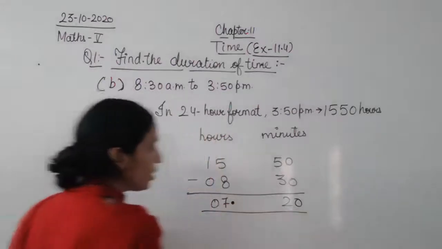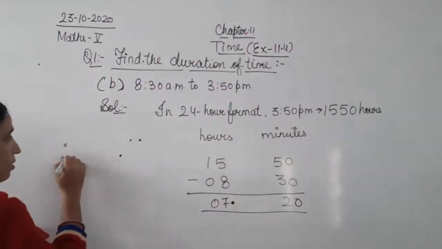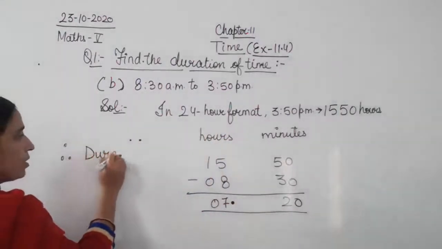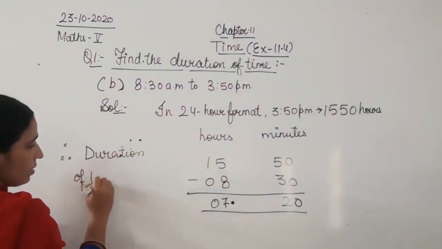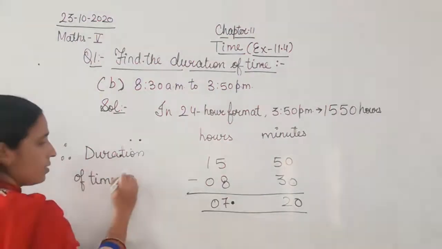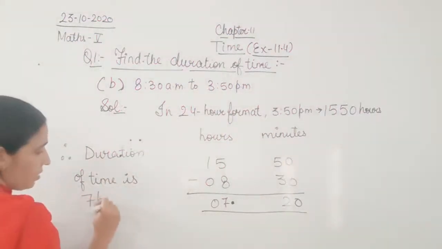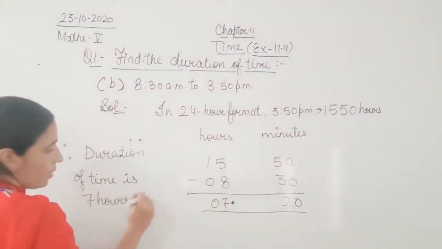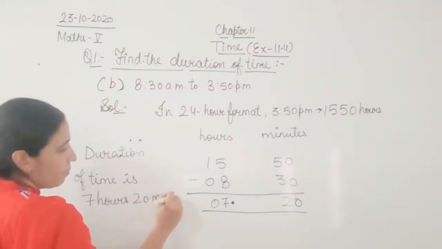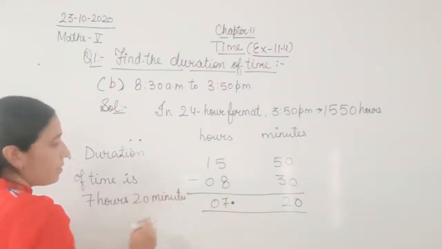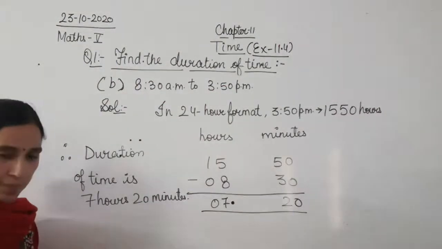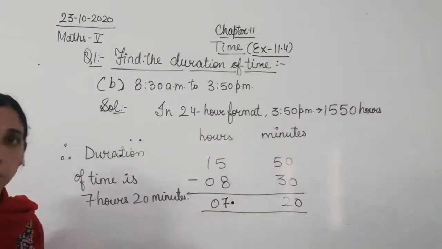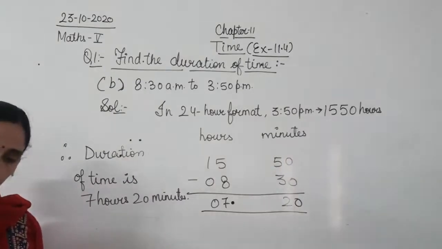So what is the duration of time? Therefore, duration of time is 7 hours 20 minutes. This is your duration of time. So this is your B part of question 1.